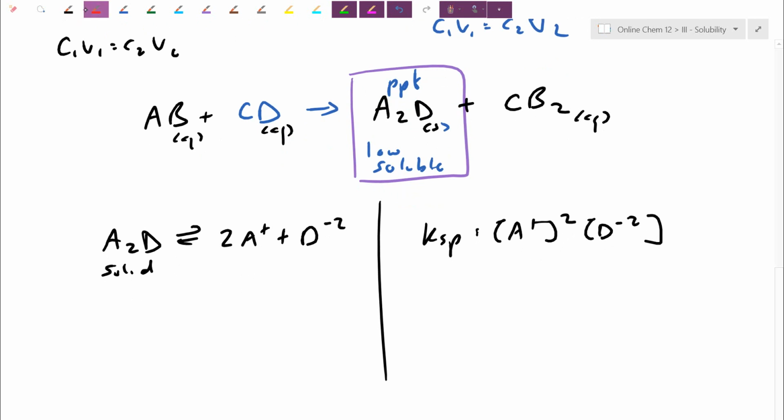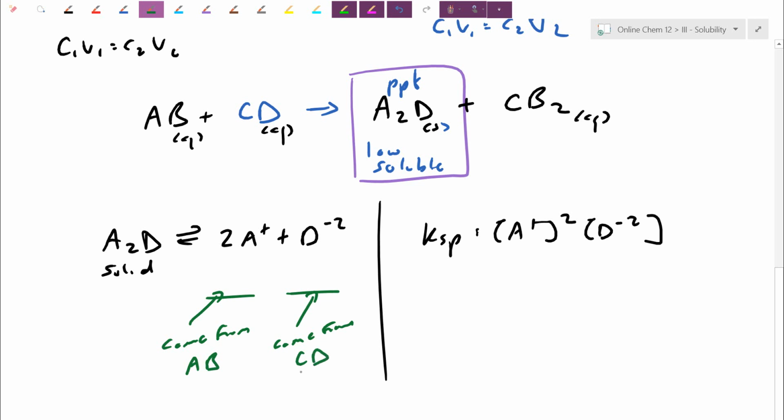In this problem, we saw two ways of making a saturated solution, as I alluded to here. Will the A plus and the D minus 2 in this situation follow the mole ratio? Well, let's ask ourselves, where did it come from? The A plus came from our solution AB. The D minus 2 actually came from a totally different solution. It came from CD.